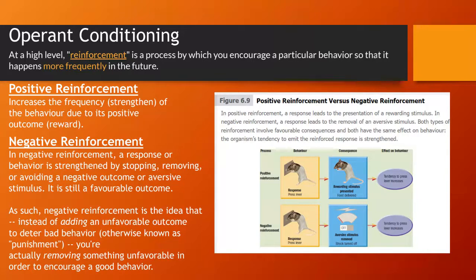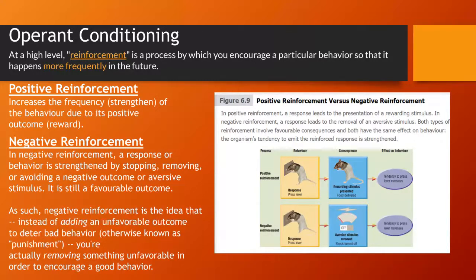Do something positive, you get a rewarding stimulus. In negative reinforcement, a response leads to the removal of an aversive stimulus. Both types of reinforcement involve favorable consequences, and both have the same effect on behavior. The organism's tendency to emit the reinforced response is strengthened.